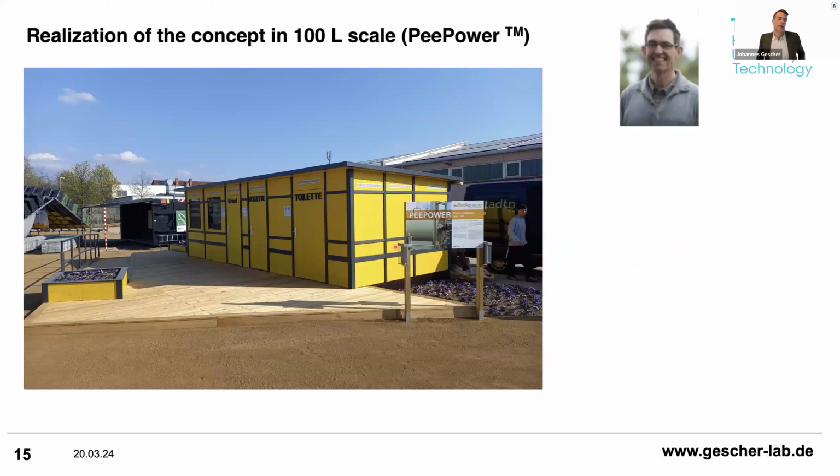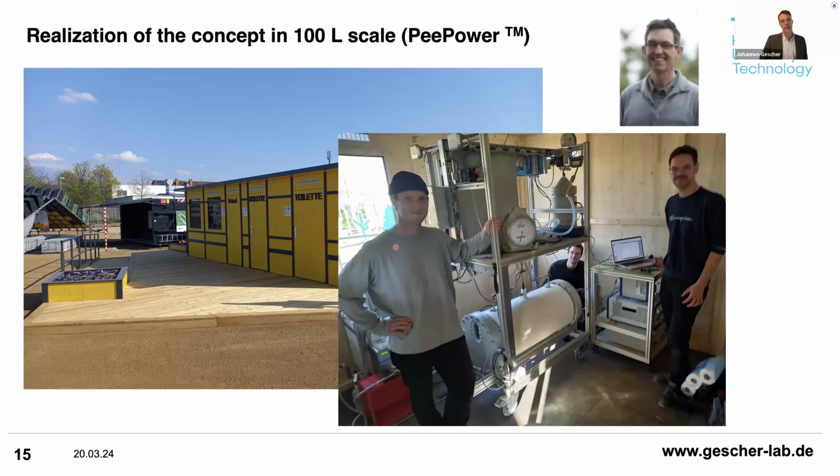We did a real upscaling experiment at the last flower show in Germany, the Bundesgartenschau, which was held in the middle of Germany in 2023. Here, with Harald Horn, who you see in the picture, we built a toilet for the visitors of this Bundesgartenschau.